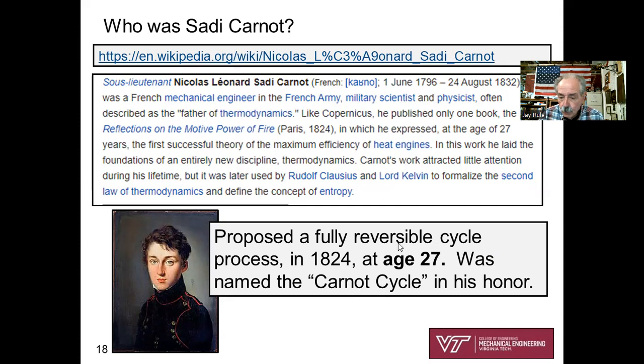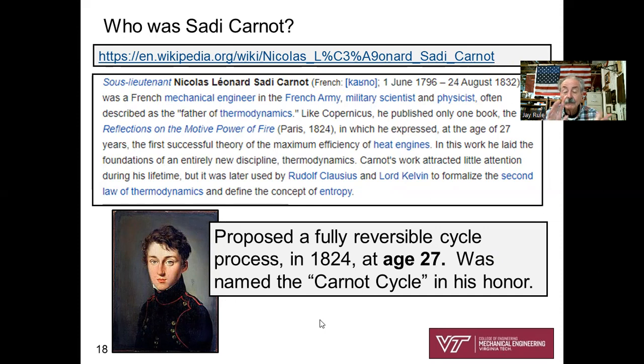This guy must have been extraordinarily sharp, an extraordinarily good student and engineer, because in 1824, at age 27, he proposed a special type of cycle that was fully reversible. In other words, it was a cycle that had no irreversibilities in it: no friction, no unrestrained expansion, no heat transfer across a finite temperature difference, and those other things that we talked about, of the 7 things that make processes irreversible.